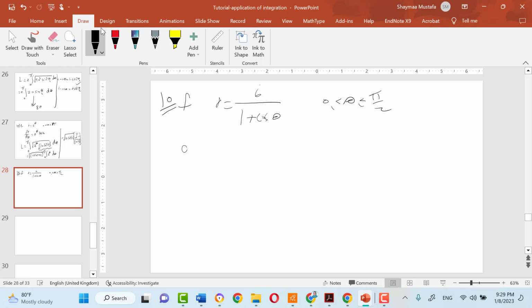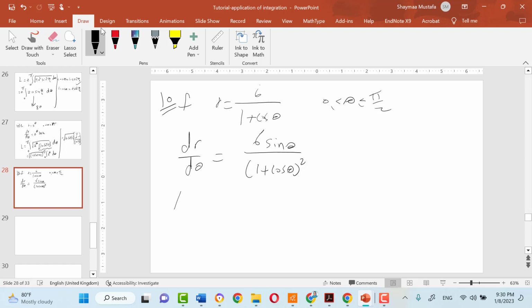So dr over d theta here, you calculate this one. Okay, (1 plus cosine theta) square, 6 sine theta, because this one is squared, this one times the derivative of 6 is 0, minus 6 times the derivative of 1 plus cosine theta, which is minus sine theta, so minus minus becomes positive.